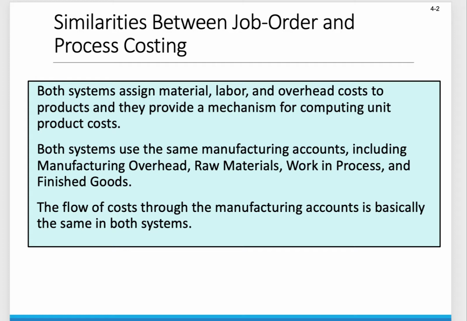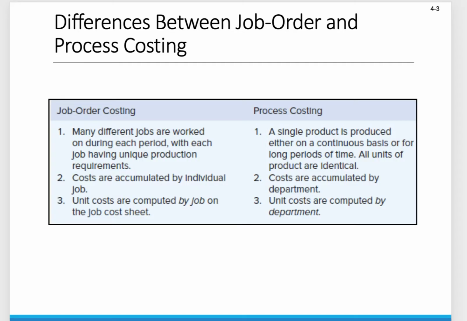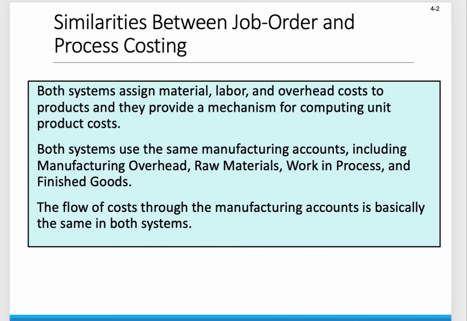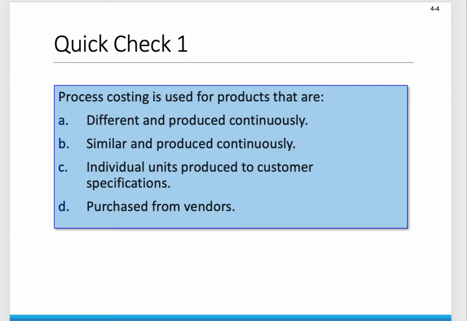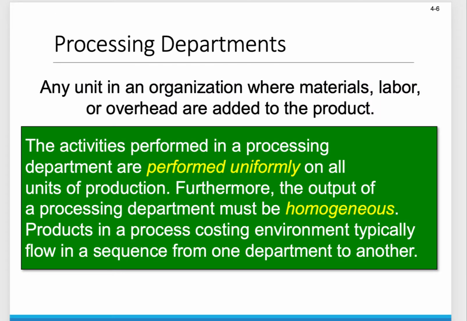There's no difference between the first red Crayola crayon made versus the millionth red Crayola crayon that was made. Can't tell the difference. They're all the same. And that's what process costing caters to, okay? So again, the textbook and the study guide talked about the similarities and differences. Very easy. I don't need to bore you with that stuff.